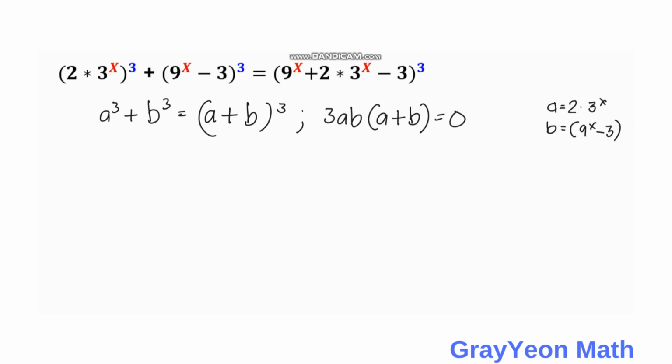Because remember that the formula for the sum of two cubes is: A cubed plus B cubed is equal to A plus B cubed minus 3AB times A plus B. And since we did not see the value of this 3AB times A plus B in the equation we got earlier, this is equal to 0.